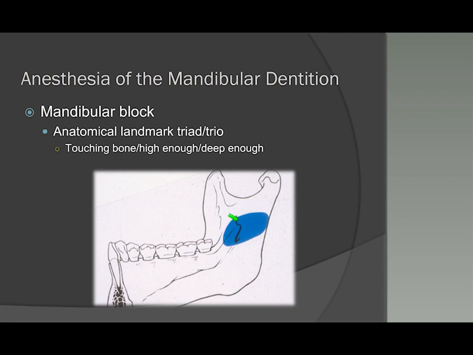And if we can come back and give a higher block with sufficient volume of anesthesia, we'll nearly always get anesthesia at that point. That's probably the etiology of the highest incidence of mandibular failure: giving it too far inferior or too far anterior.